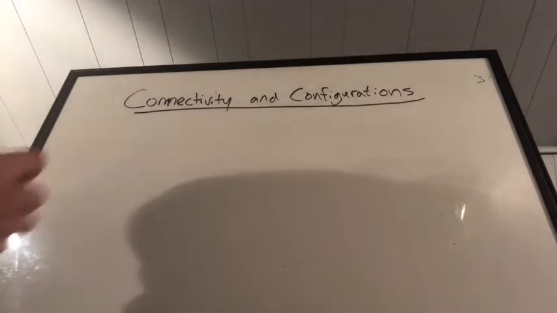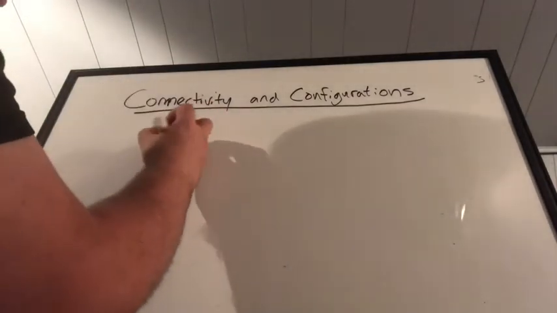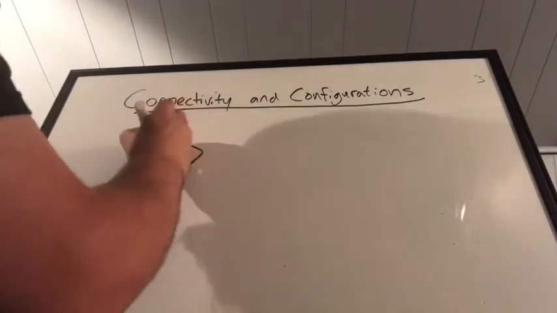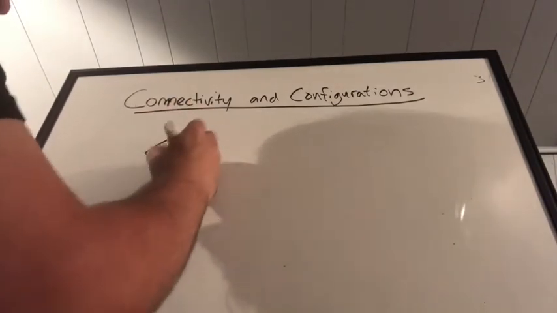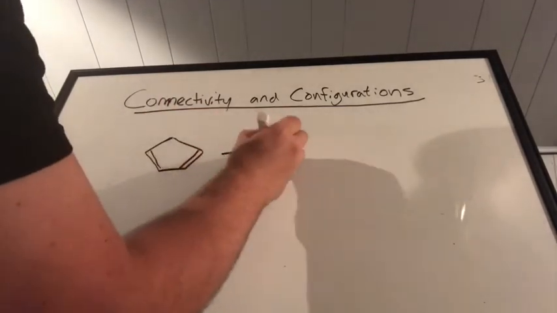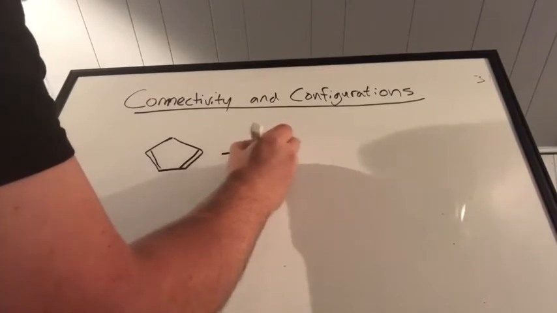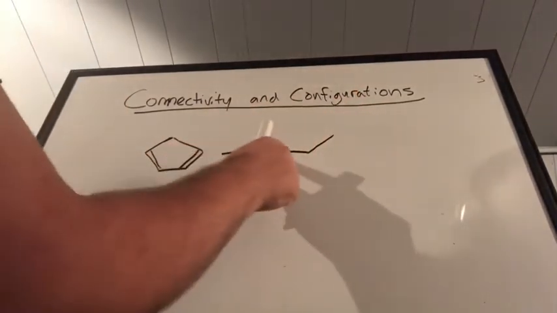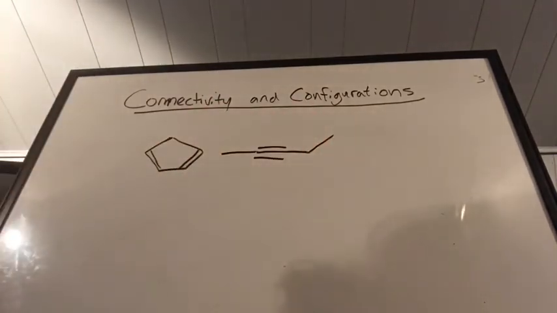Let's think of just some simple examples here. We're looking at cyclopentadiene and, let's see, 1, 2, 3, 4, 5, pent-2-yne.